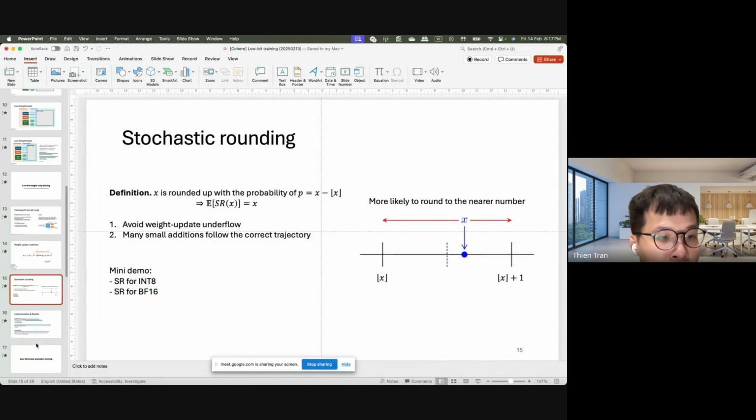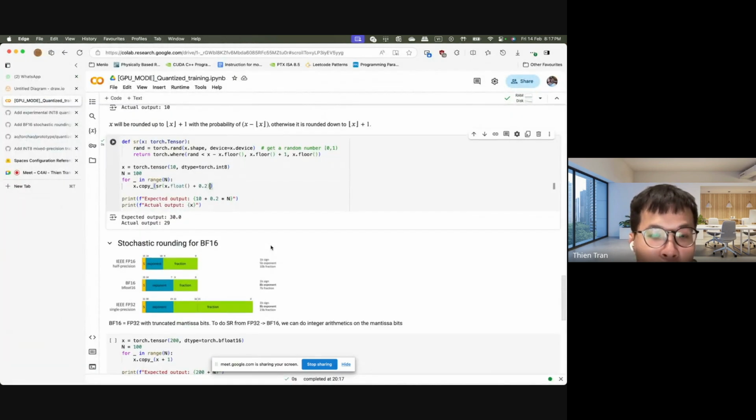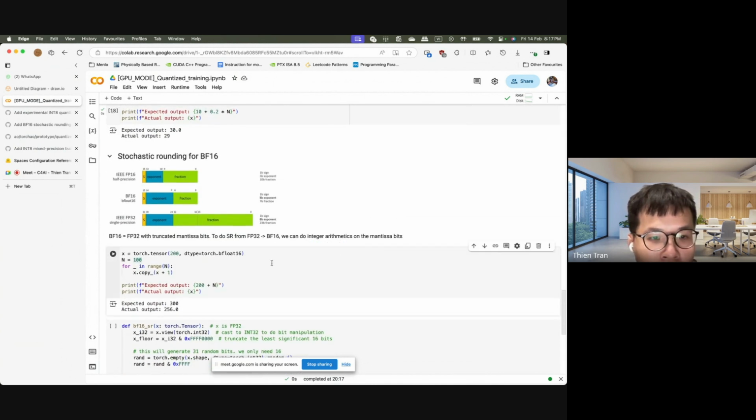Even though I illustrated the idea for int8, even BF16 actually has the same problem. Oh, you're right, I have the demo for BF16 here. For example, I have the number 200 in BF16, and I keep adding one to it. You can see it will get stuck at 256, because you actually need to add two to get to the next number.